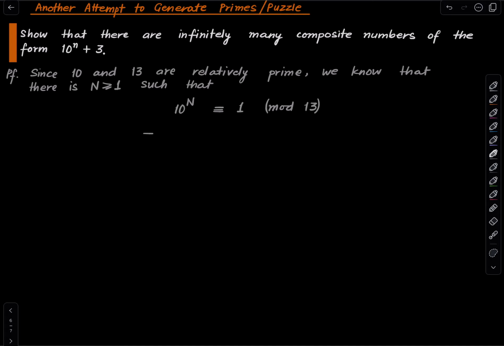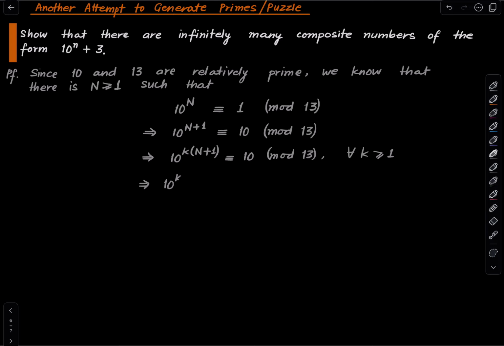So this implies that 10 to the power N plus 1 is congruent to 10 modulo 13, which implies 10 to the power kN plus 1 is congruent to 10 modulo 13 for all k. And thus, this thing plus 3 is congruent to 13 modulo 13 for all k, at least 1.